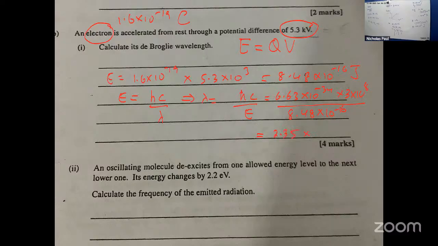Anybody else get that? Yes, 2.35 by 10 to the minus 10, right? So that's the value for the wavelength for that electron.